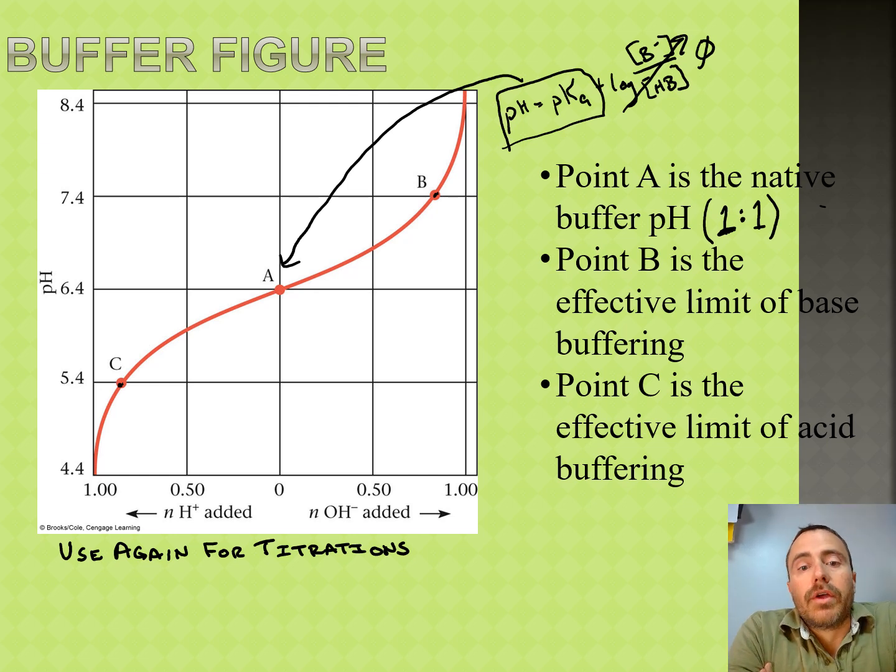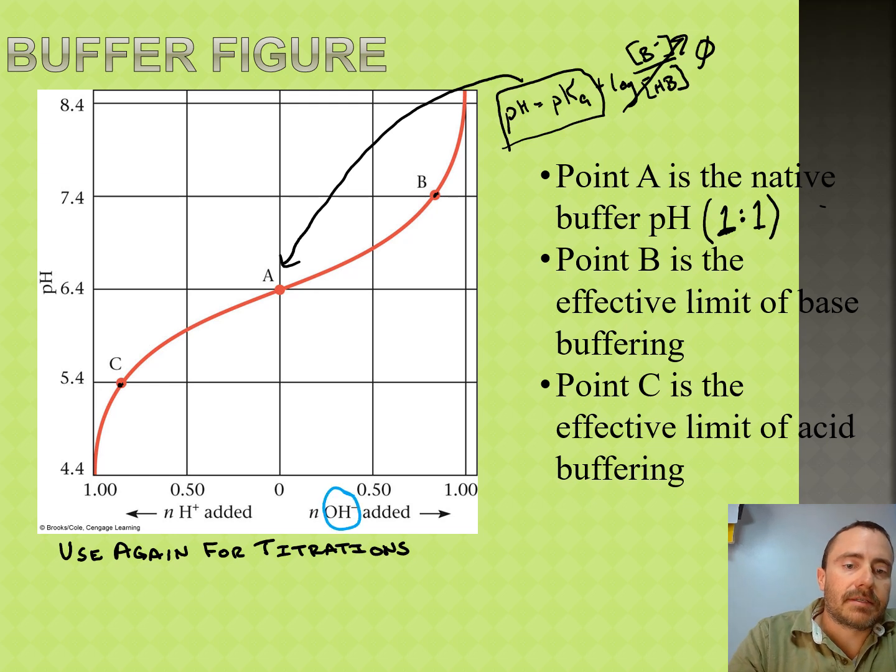Notice that as I add in, say, strong base, the pH is going to slowly start to increase, because we are converting weak acid into weak base. So the pH is going up as that ratio is changing.